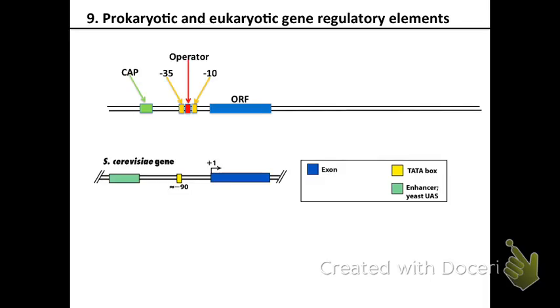In a simple eukaryotic organism, the gene regulatory elements are again found upstream of the transcription start site. Here is +1. And these elements can be found at further distances. In addition, you're going to find additional elements which we call enhancers, which are a little bit less frequently seen in prokaryotic transcription. Okay?